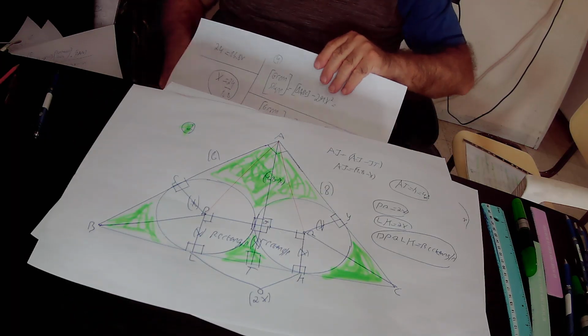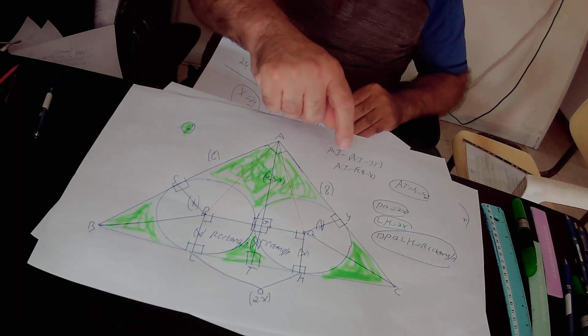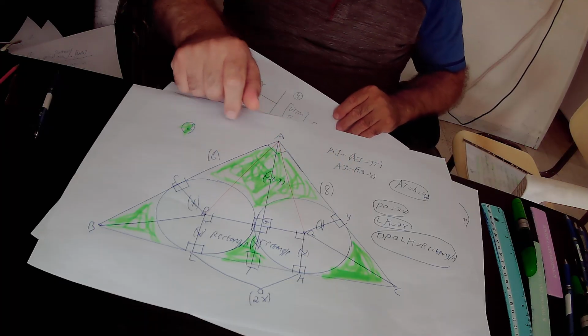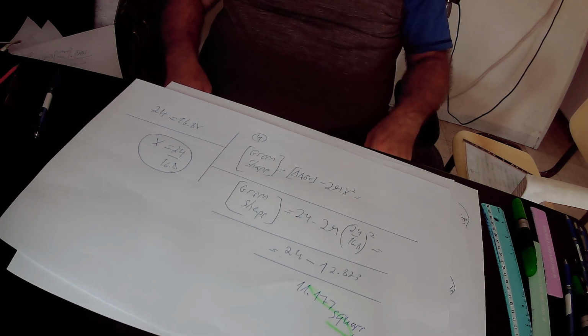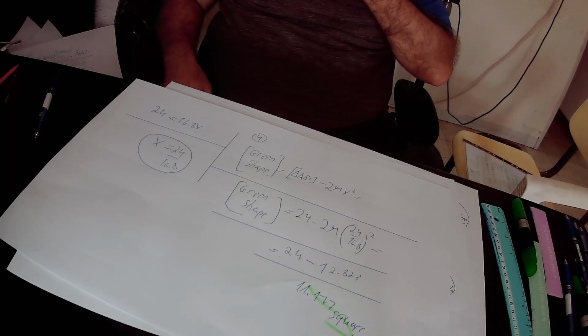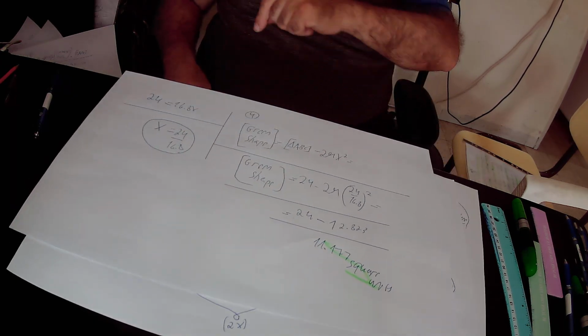And first we find the area of this region. The area of this region equals the area of the big triangle ABC minus the sum of the areas of those two circles.